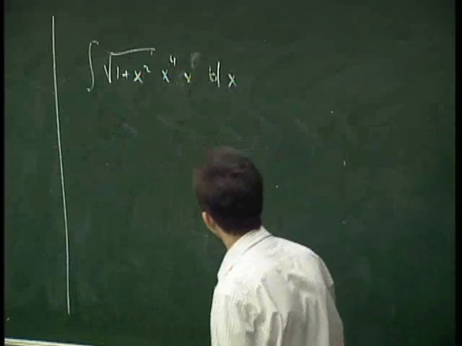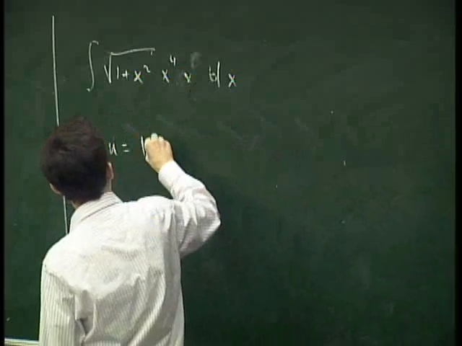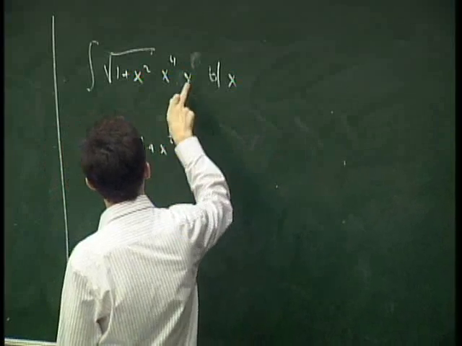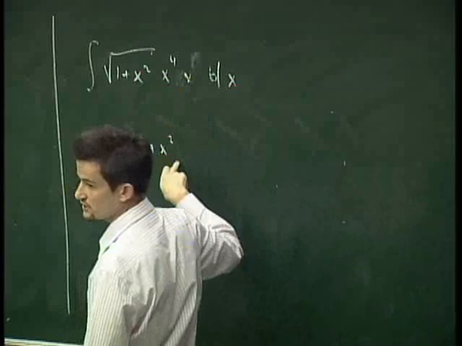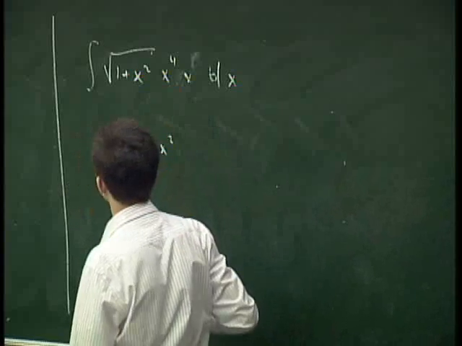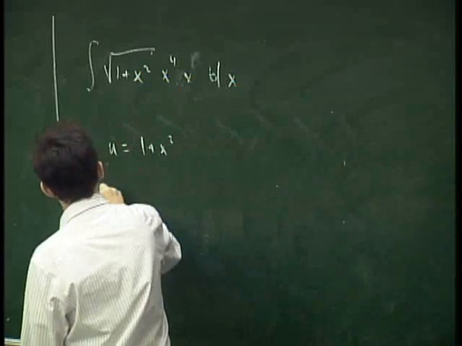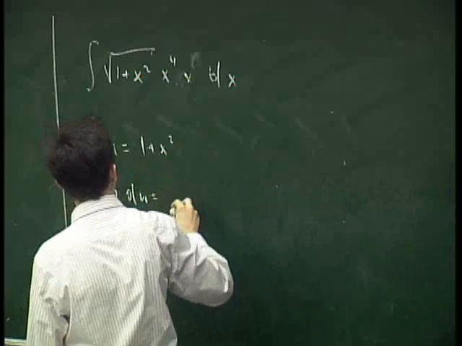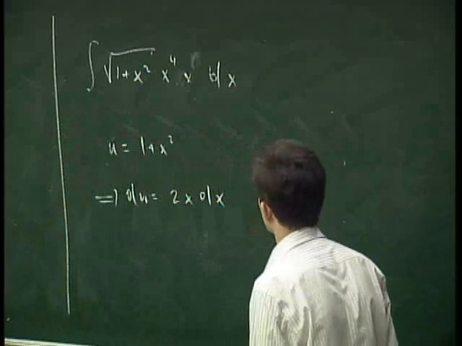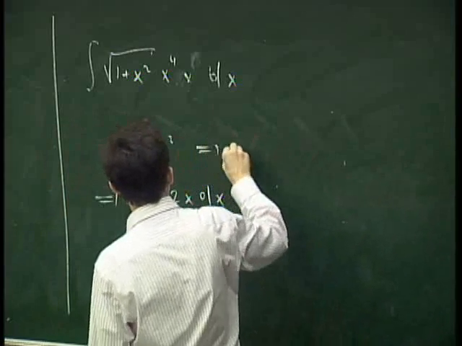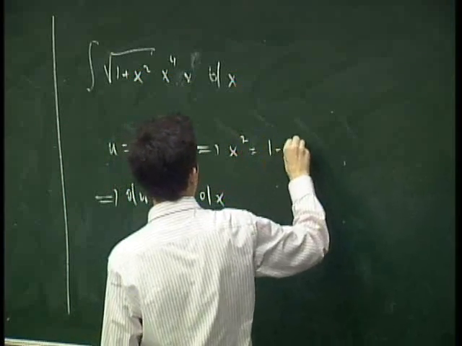If you now do the substitution u equal to 1 plus x squared, you have more or less the inner derivative here, and you can replace the rest also by the function u. This is important. So du is equal to 2x dx, and from here x squared is equal to u minus 1.